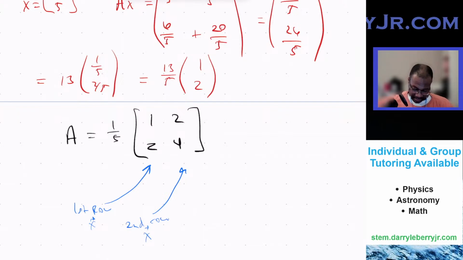And we see that whatever it is, that column is twice the left column. So you can see how it is a scalar multiple of 1, 2.